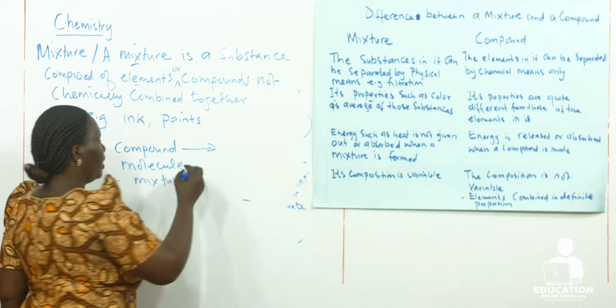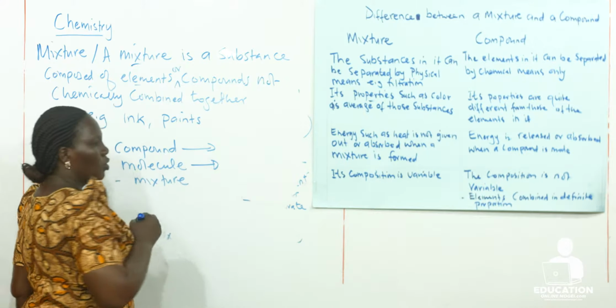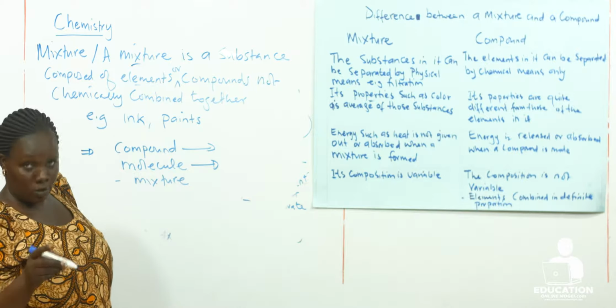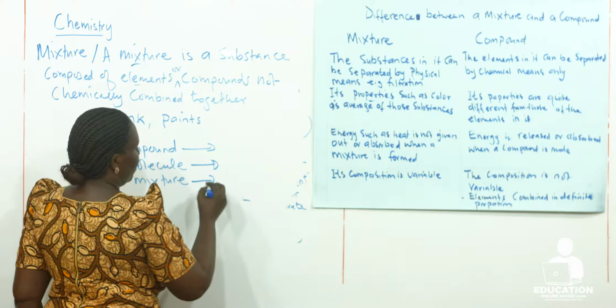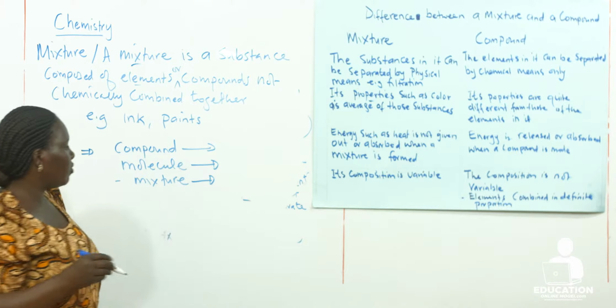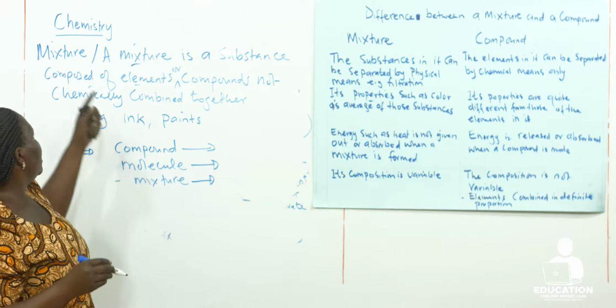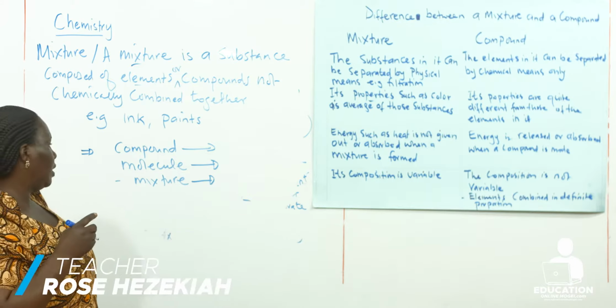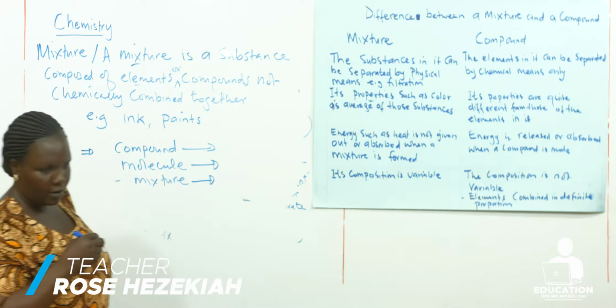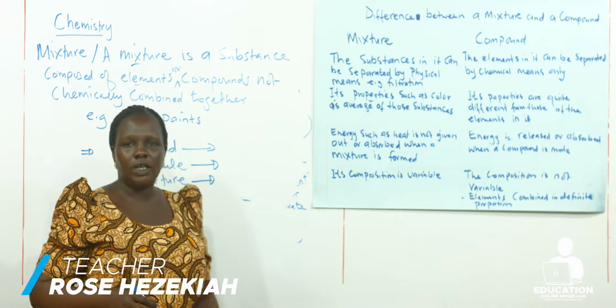A molecule is made up of two or more atoms that are bonded together, and a mixture is composed of substances that can be compounds or elements, but they are not chemically combined together.